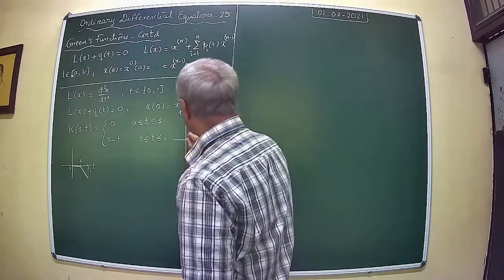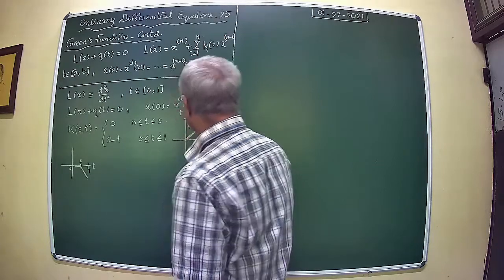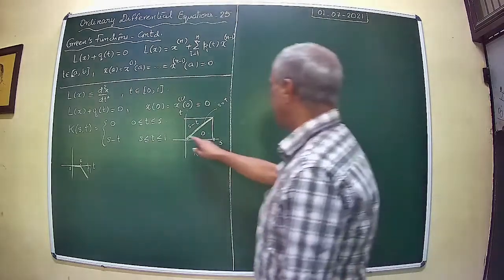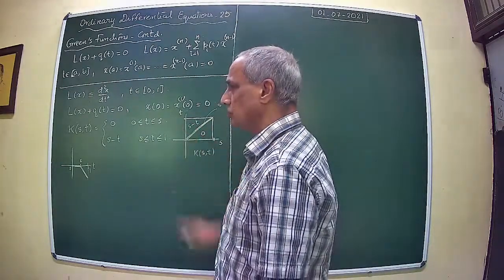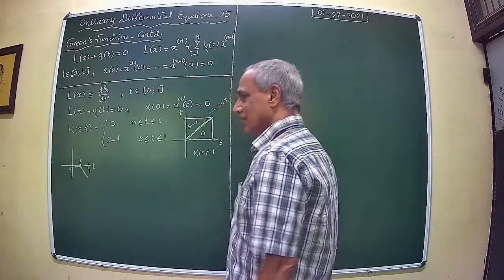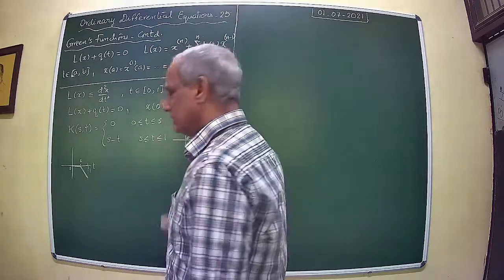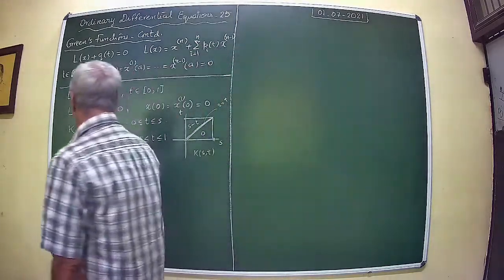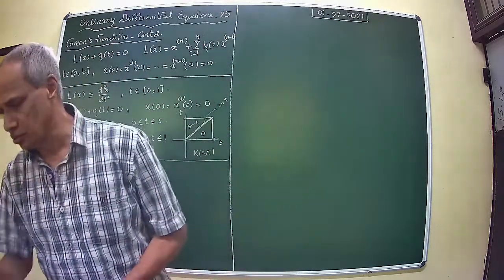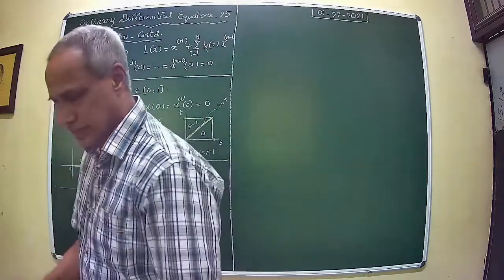Then you see that the function has a discontinuity over here, or rather its derivative has a discontinuity. Along s equal to t, the function is smooth, it's continuous, not really differentiable, but the first derivative has a jump discontinuity. That is what we define as the function. Okay. Now let us go to some properties of this.